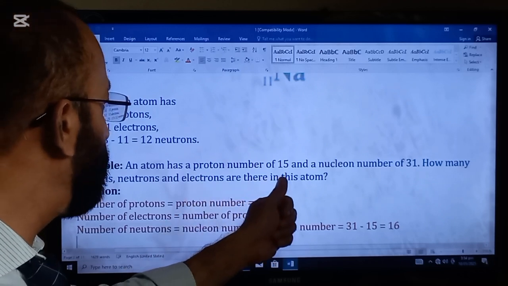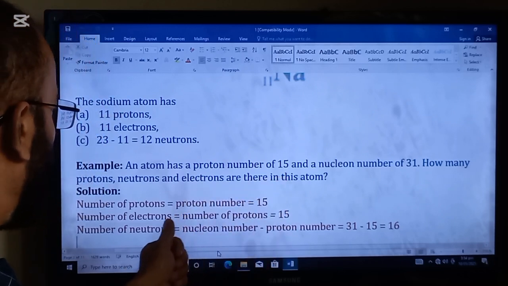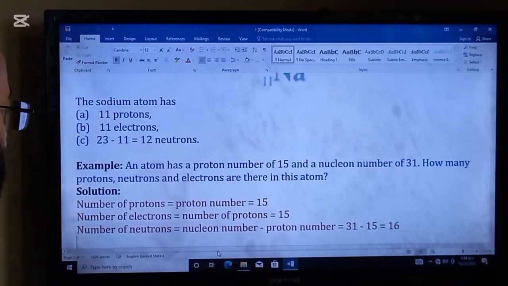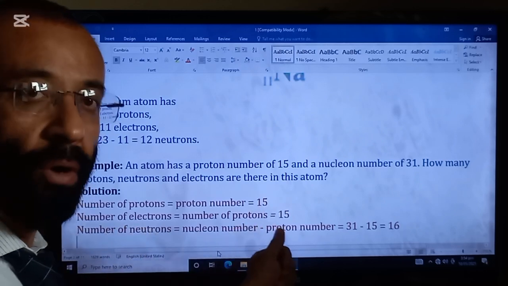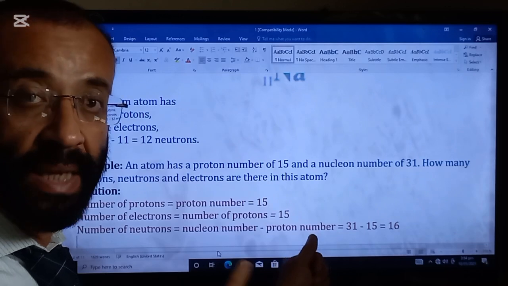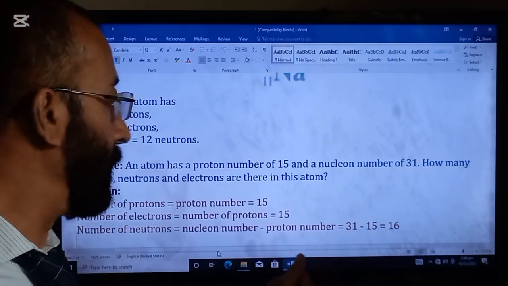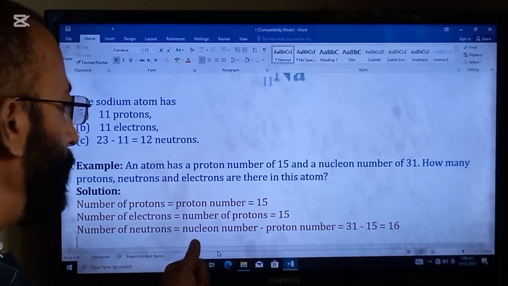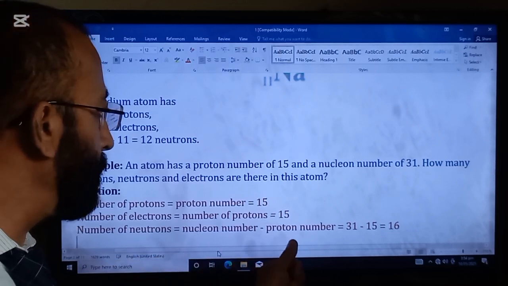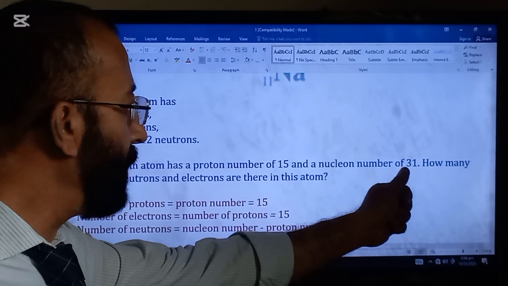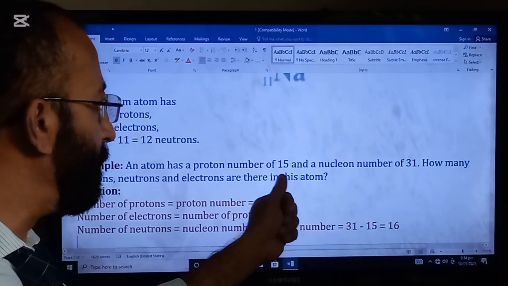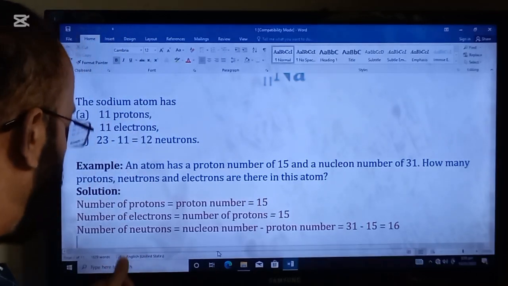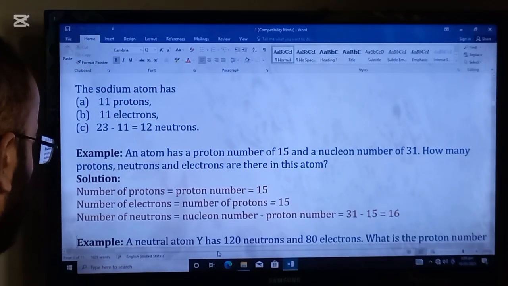So if proton number is 15, the number of the protons will be equal to 15. Also, the number of the electrons will also be equal to 15 because atom is electrically neutral. And the number of the neutrons is equal to nucleon number minus proton number. Nucleon number is 31, proton number is 15. So 31 minus 15 is equal to 16. That is the number of the neutrons.